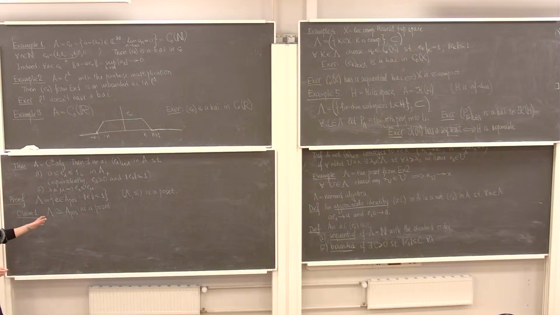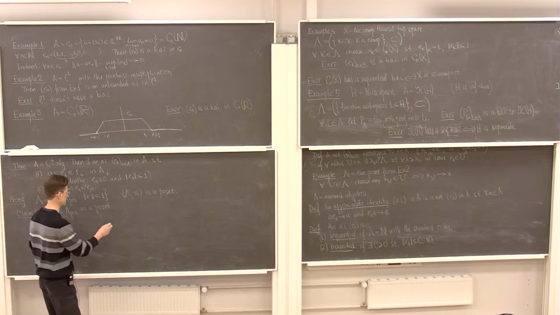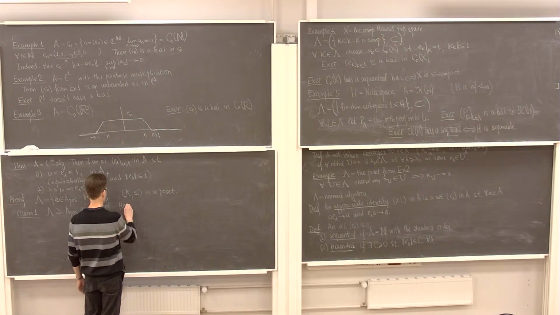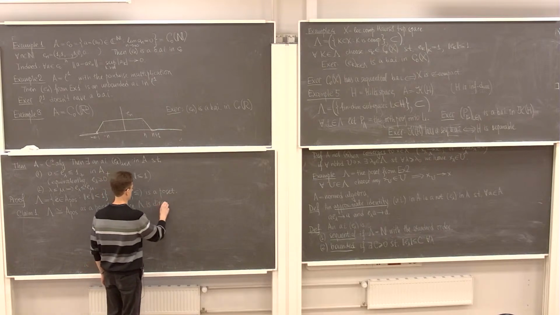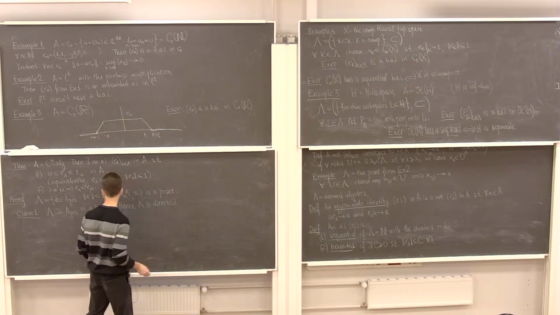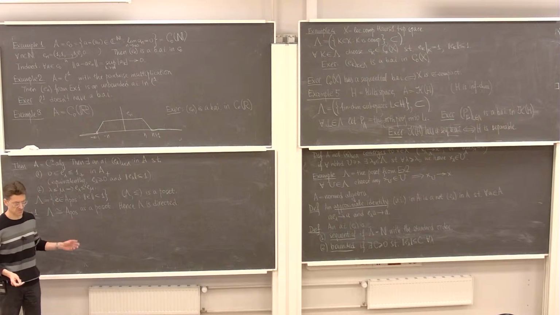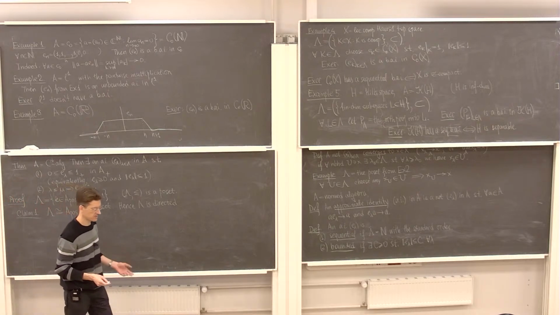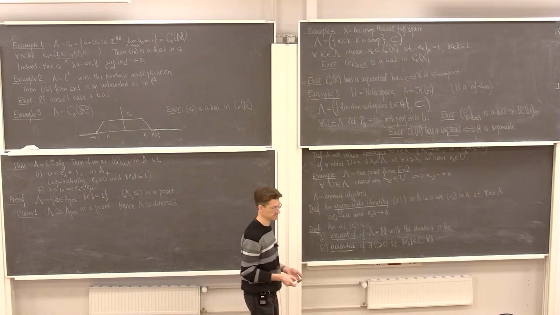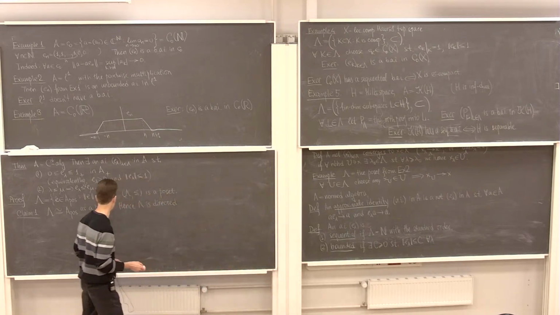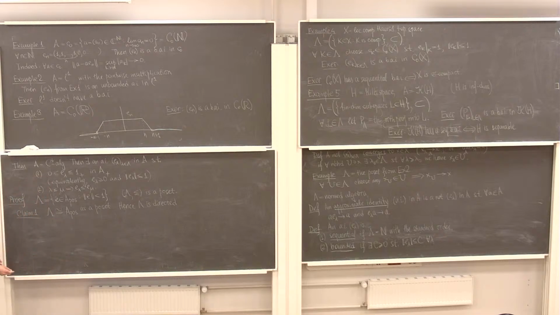And the existence of this isomorphism already implies that lambda is directed, because the set of all positive elements is clearly directed. If we have two positive elements a and b, then each of them is dominated by a plus b. And so if we prove that they are isomorphic, this will imply that lambda is also directed.